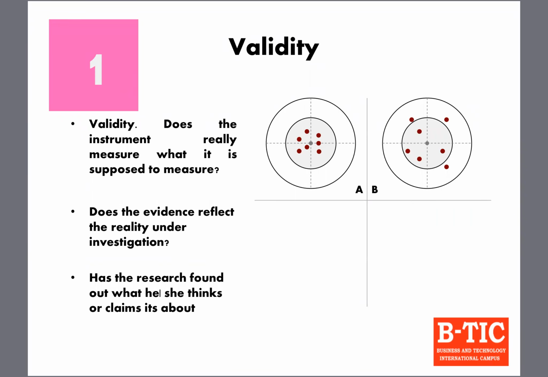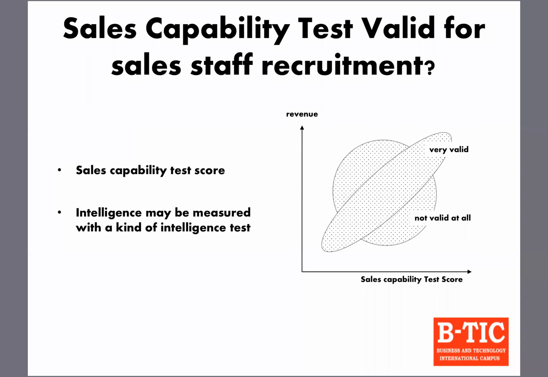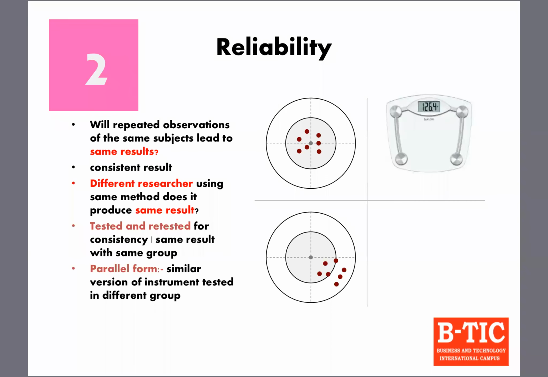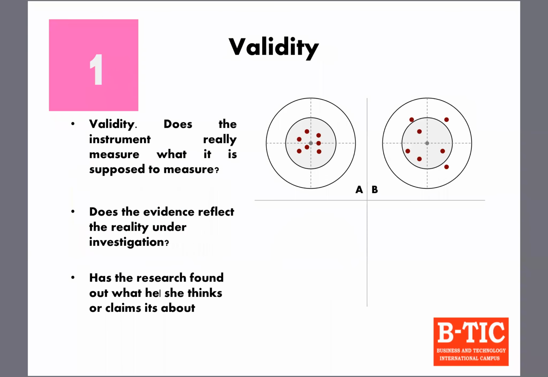Let me explain this to you using an example. We all have A-level exams in most of the countries in Asia. And when you have these exams, these A-level exams decide whether this candidate, this person is the right one to be admitted to the medical faculty or not, right?